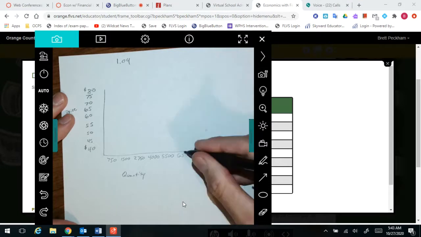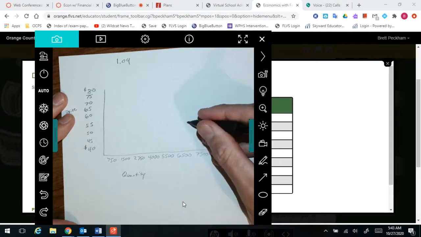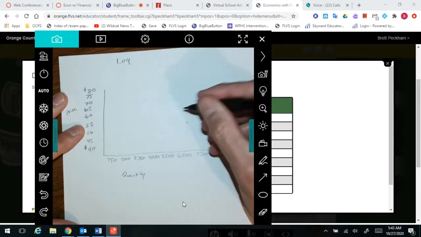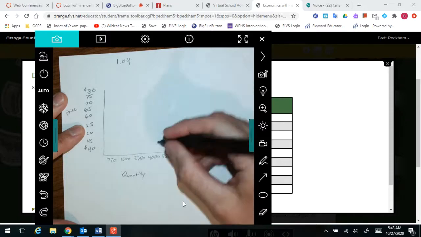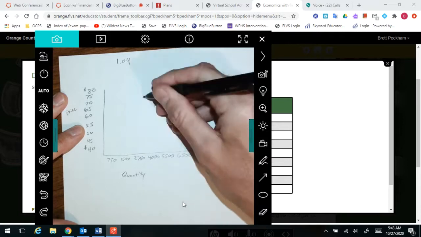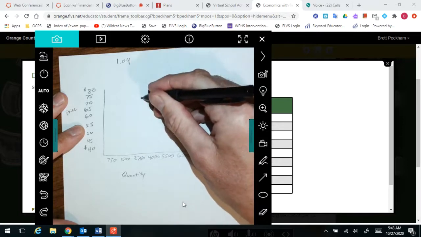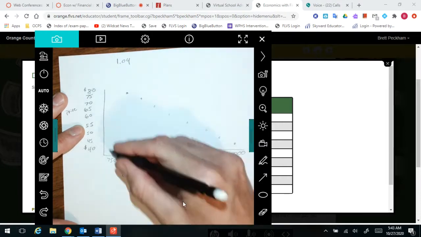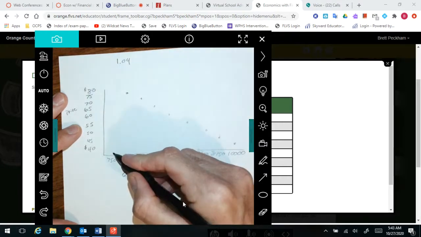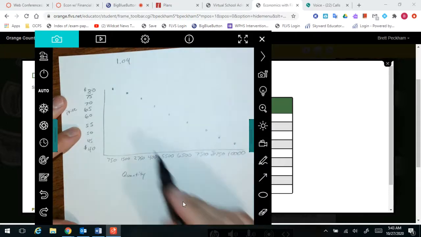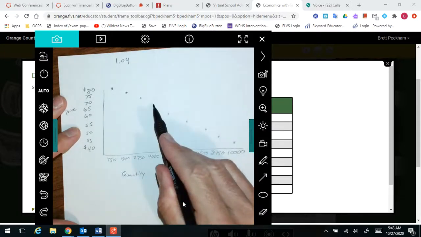So that position at 65 and 55, 55 and 60, 70, 1,575, and then finally at $80, only 750 units will be purchased. So these are your quantity demanded.